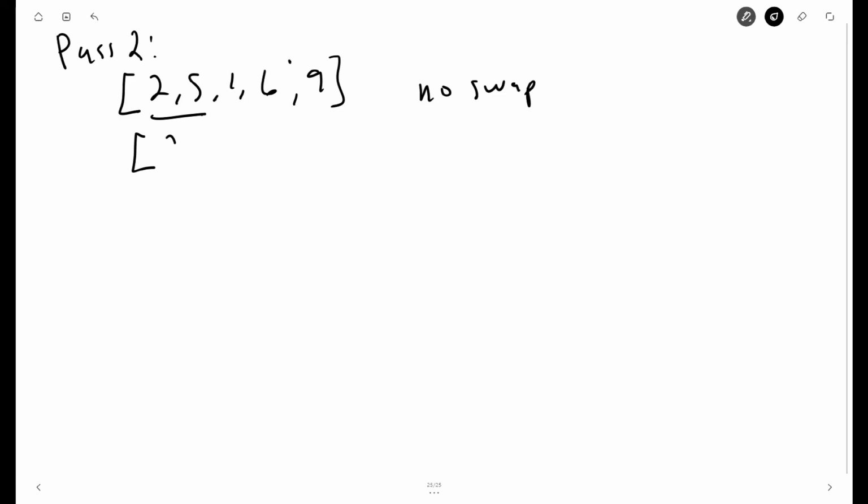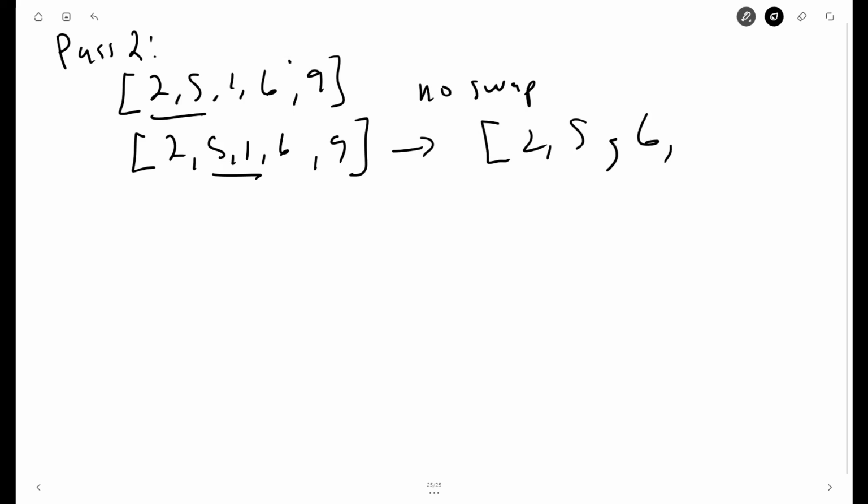Now we go to the next one, 5 and 1. We do a swap, so that's going to be 2, 1, 5, 5, 6.